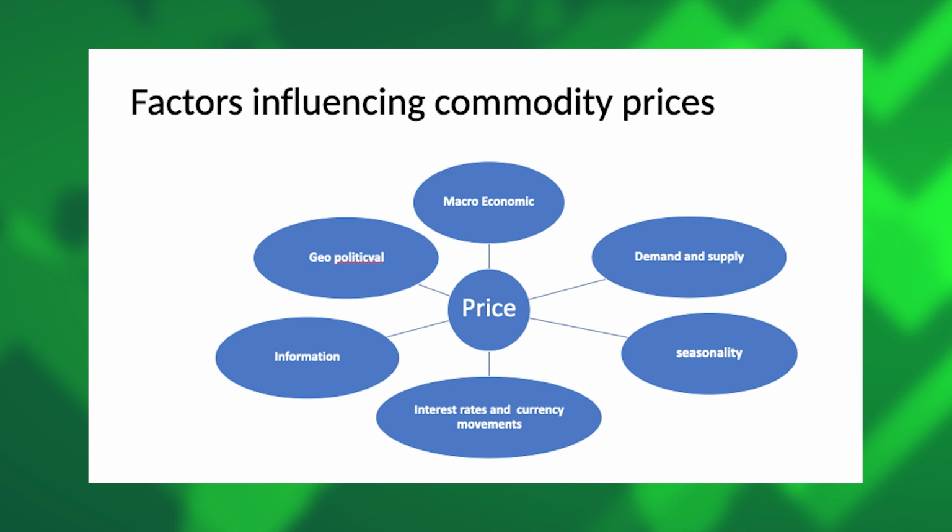One of the most important factors which influence commodity prices is the festival season. In the festival season, the demand for commodities increases, and therefore prices tend to increase. Also, in the harvesting season, the prices tend to decrease, whereas in the sowing season, the prices tend to increase.